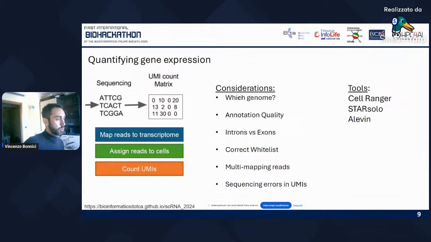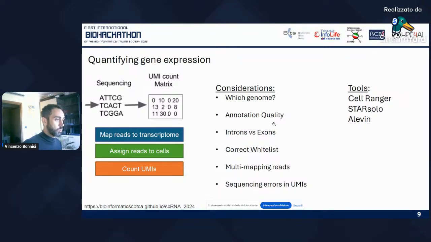First of all, we should ask ourselves which version of the genome we are taking into account, for several reasons. Usually you use the most recent reference genome, but in special cases you may want to use something else. Then you want to understand the annotation quality, because usually genomes are annotated. That gives you where the genes are, where the introns and exons are, and so on and so forth. And you may have alternative annotations with respect to the reference one that is commonly used.